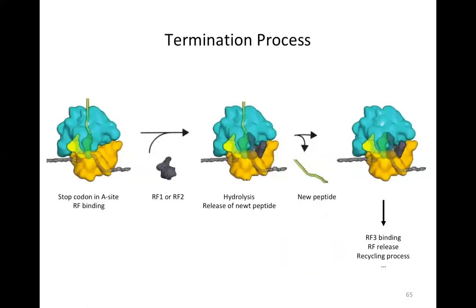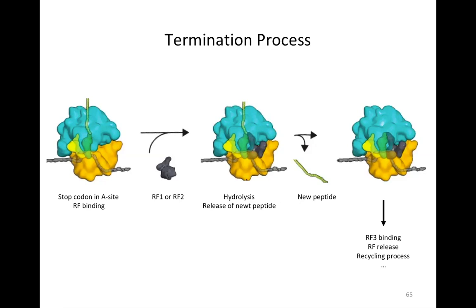And as an example of a biological process that we studied with this, I show the termination process in the ribosome. When a stop codon is encountered at the A site, a release factor is supposed to bind.